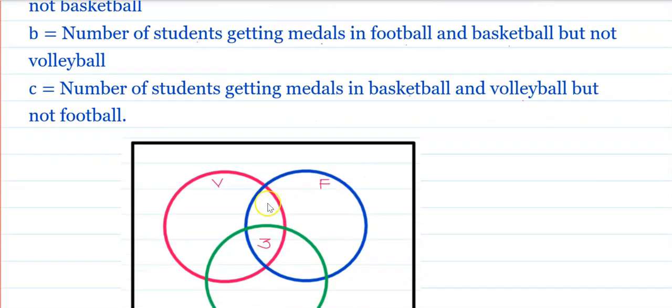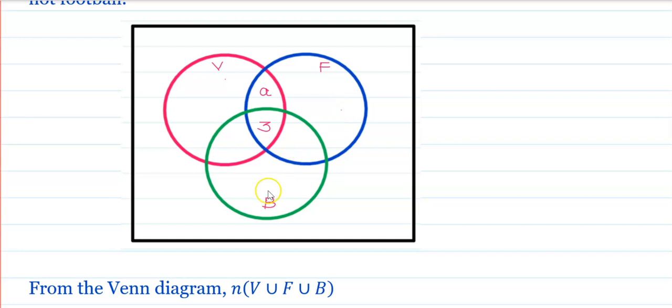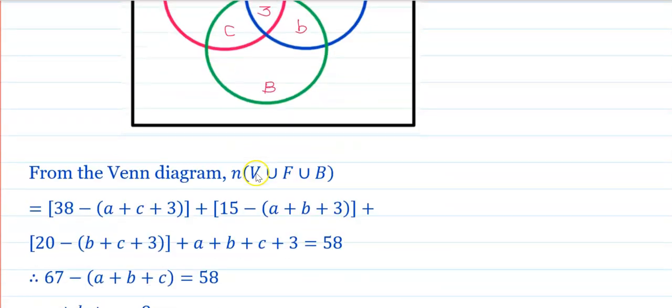They are the A. Here is the number of students who get medals in volleyball and football only, and not basketball. Therefore we are considering only this portion. B, the number of students getting medals in football and basketball. This is the B. And the number of students who get medals in volleyball and basketball, they are the C. Okay. Now the next.